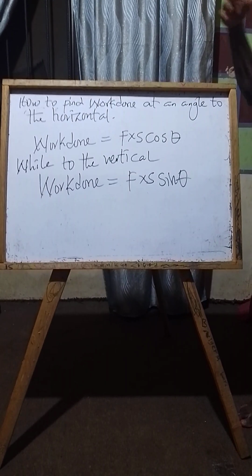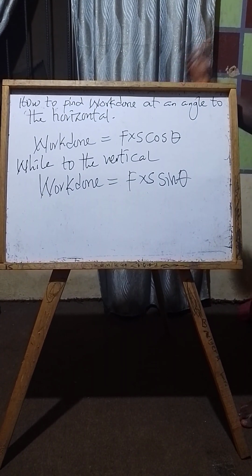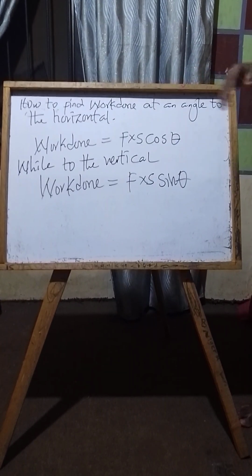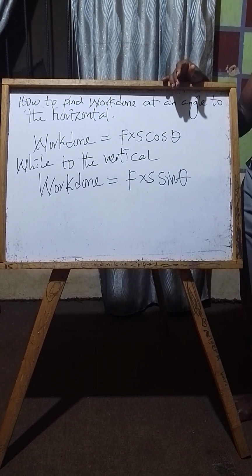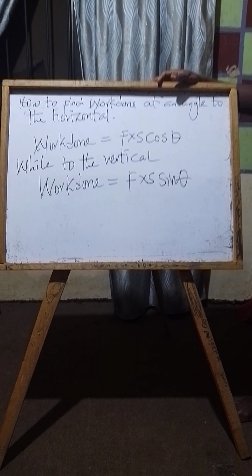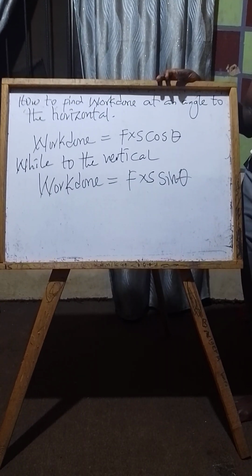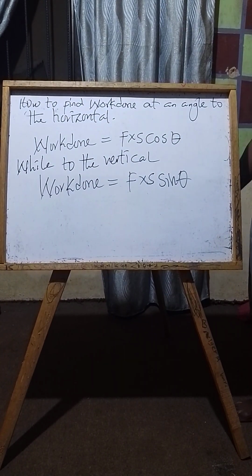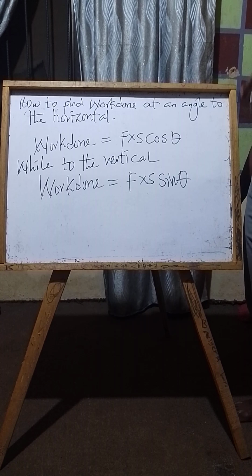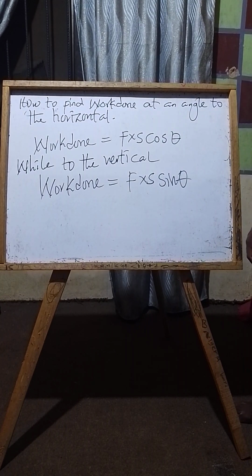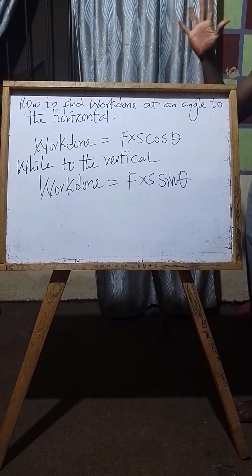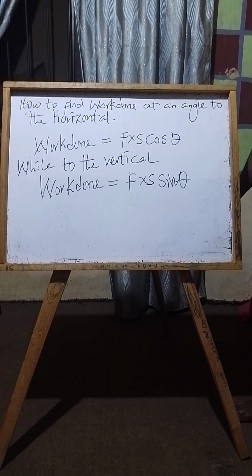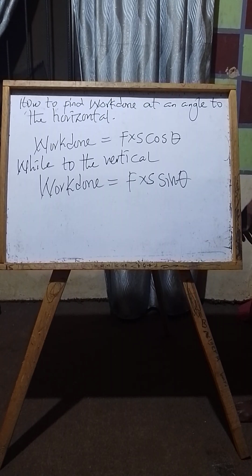If I ask you, a picture frame is placed on the wall and a rope is tied to that picture frame to the vertical, if the picture frame is hung on that rope, calculate the work done to make that picture frame slide down to the ground in the vertical. You'll be wondering, sir, what kind of formula is that? What kind of question is that?